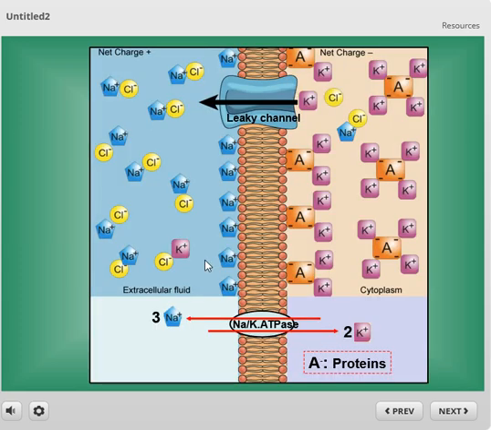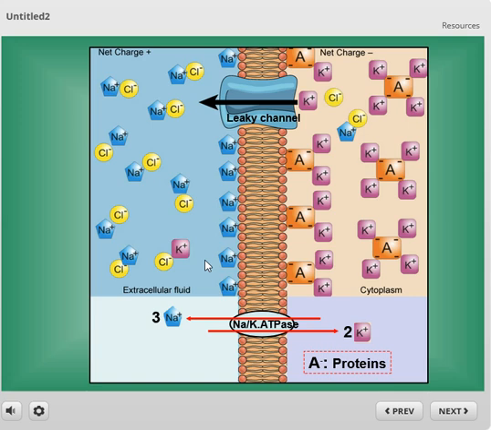So, as a brief, the three factors contribute to the generation of the resting membrane potential, okay? The resting membrane potential is the voltage difference between the inside and outside of the cells in the resting situation.